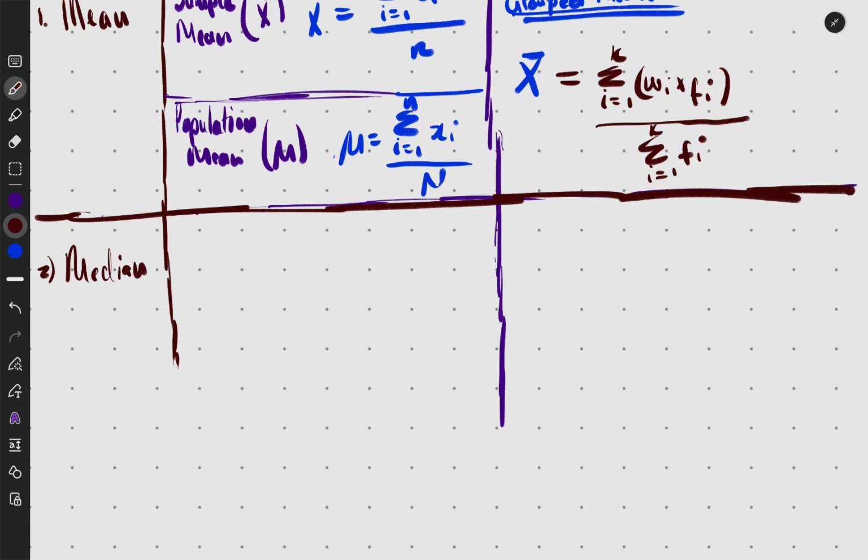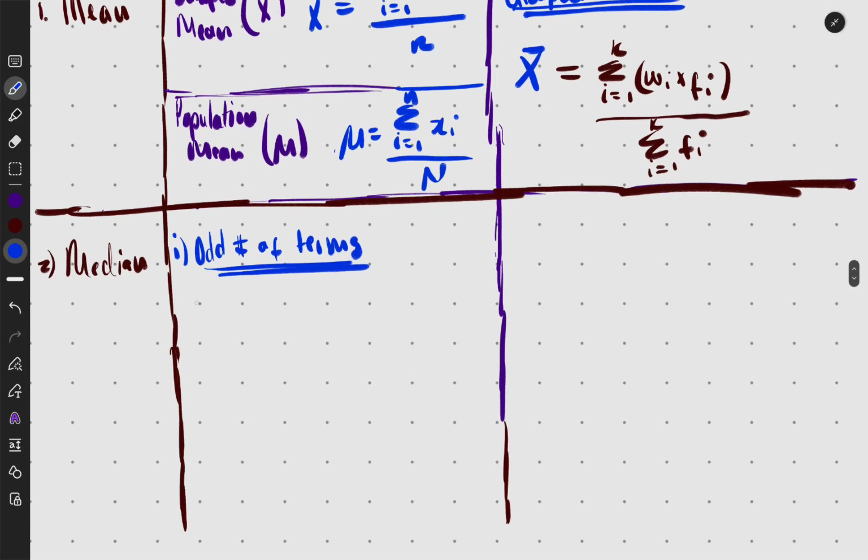For ungrouped data, which is just listed values, if you have an odd number of terms, like 1, 3, 5, 7, 9, things that you cannot divide by 2 without a remainder, when you want to get the median, you find the value at position n plus 1 over 2.